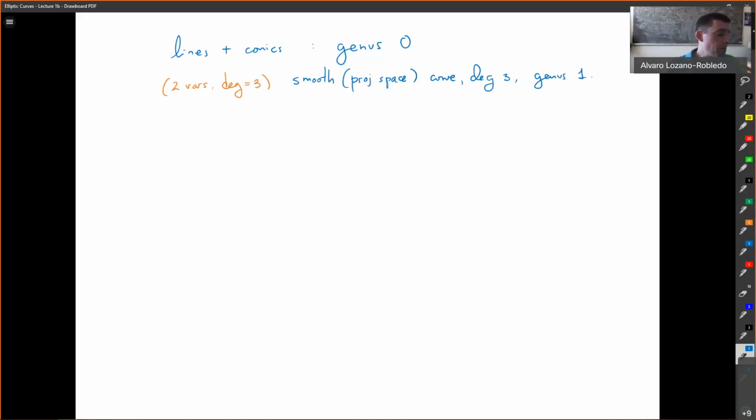Now if my curve is given by something like ax cubed plus bx squared y plus and so on, and I assume that this is projectively a smooth curve, it turns out this is going to be genus 1.